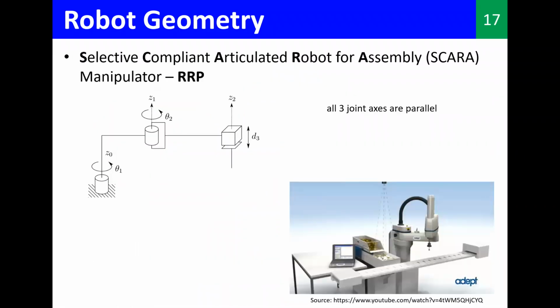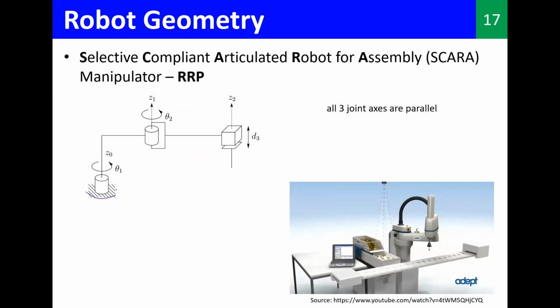So this is called the SCARA manipulator, and SCARA stands for Selective Compliant Articulated Robot for Assembly. So that's what it means, right? So here you can see pretty much a kind of similar shape, but you can see the directions have changed, right?